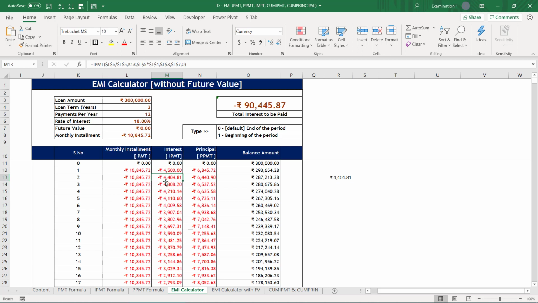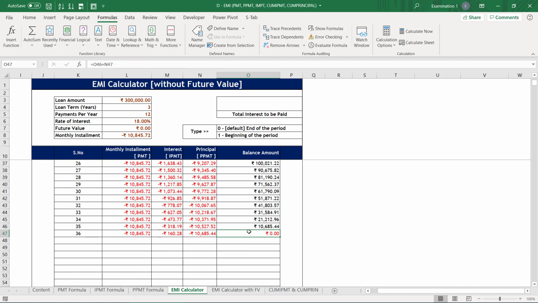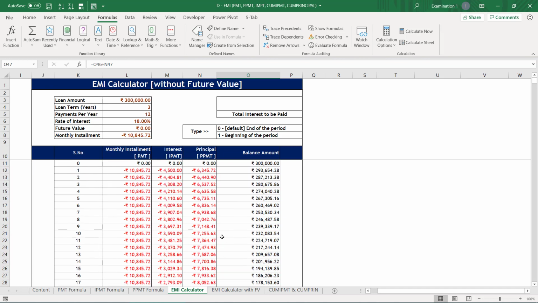You can see that. Okay, and that is the reason as you are paying the EMI, the balance amount is also decreasing, and at the same time the interest you are about to pay is also decreasing, and most part of the EMI is going towards the principal now. Now let me go up.